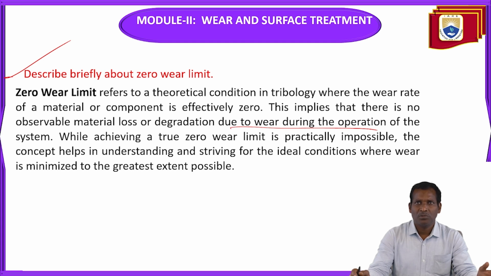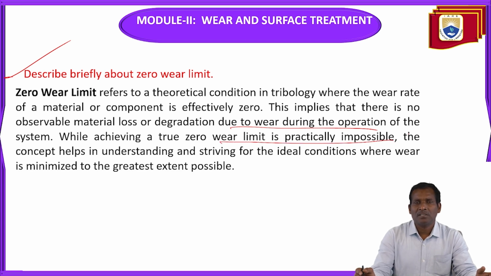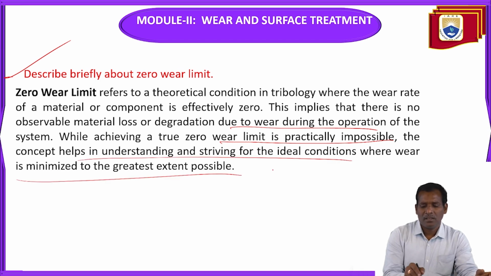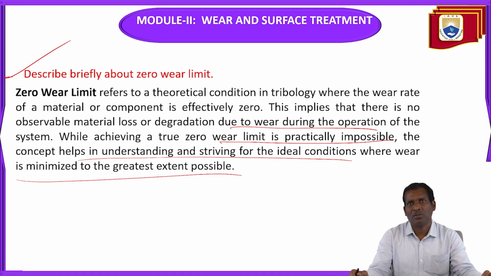While achieving a true zero wear limit is practically impossible, the concept helps in understanding and striving for the ideal conditions where wear is minimized to the greatest extent possible. So this is called the zero wear limit.